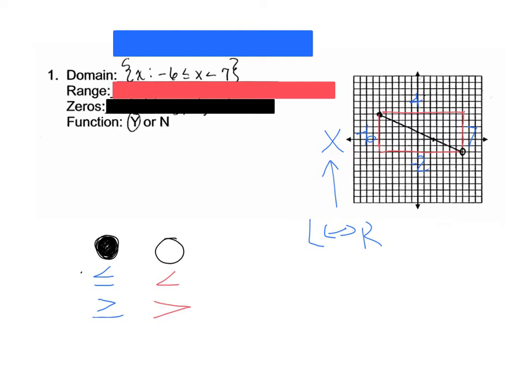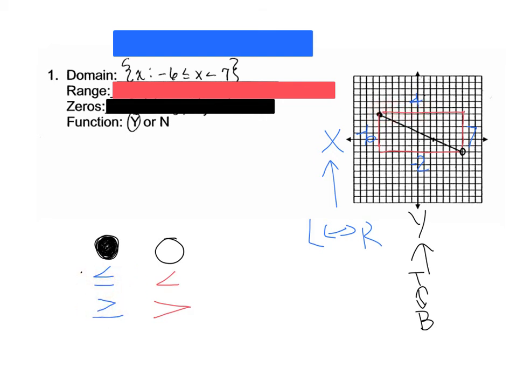Our range, notice, remember range is your y value, and your y value goes from the bottom to the top. So keep that in mind. So we're going to begin at the bottom. So my bottom number here is the negative 2, and we're going all the way up to 4. Now at negative 2, we have the open circle, so we're going to be using one of these two symbols. At 4, you have a closed circle, so you'd be using this symbol, okay?